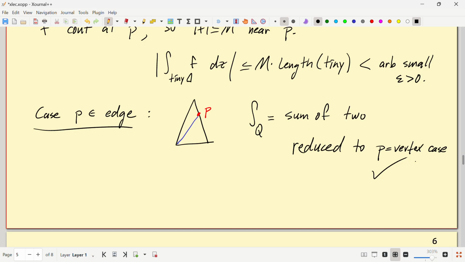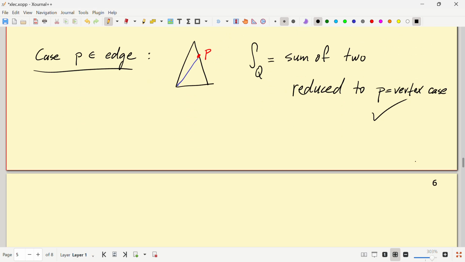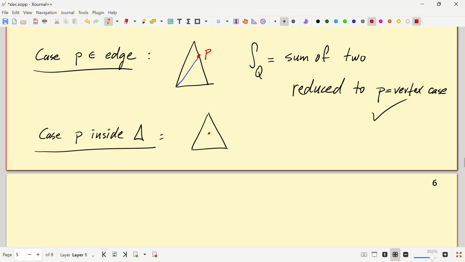And then finally the case P inside the triangle. So P would be somewhere in the middle. And then what would I do? It's easy to make triangles out of that.